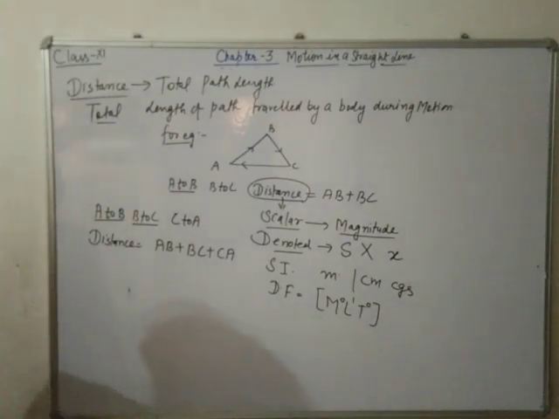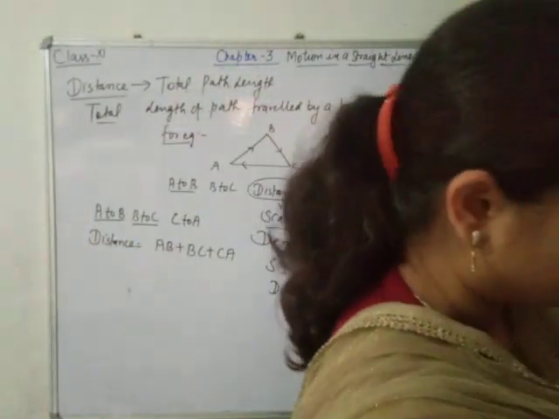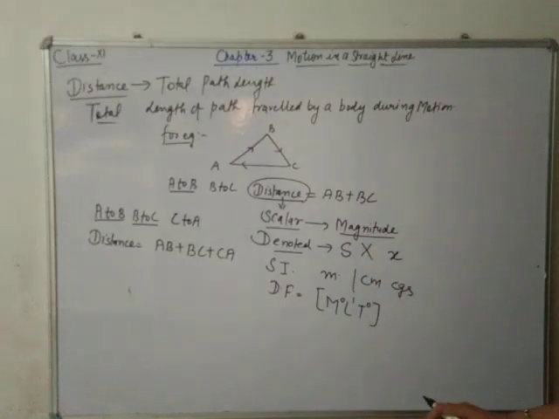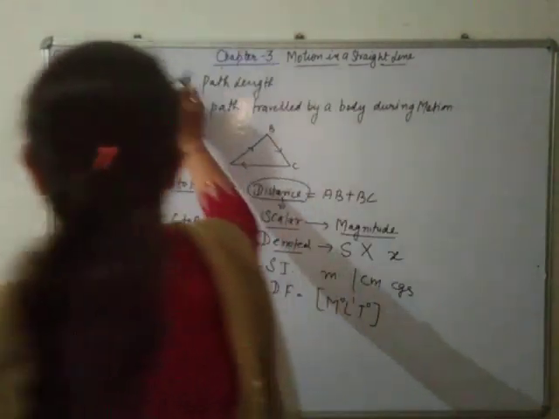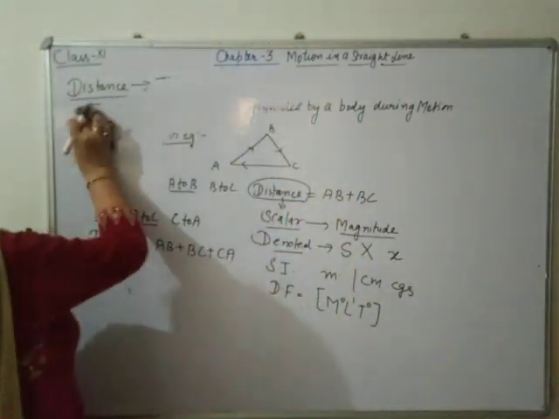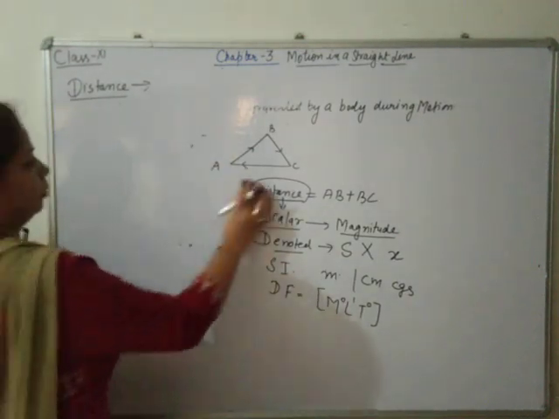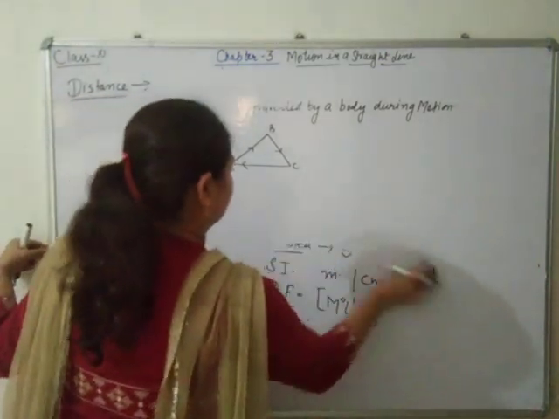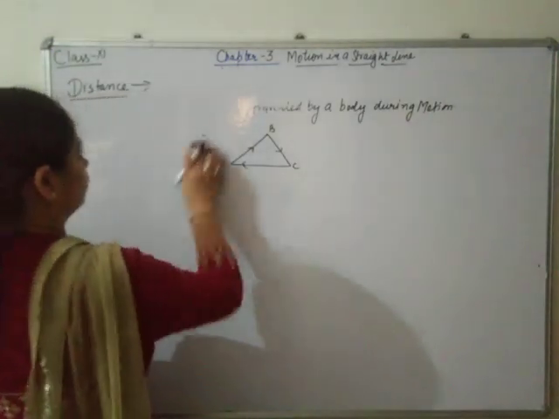Now, let's learn the second term, that is displacement, which appears similar to us, but so as to learn the difference, we start the second term, that is displacement. Displacement is the shortest path length.